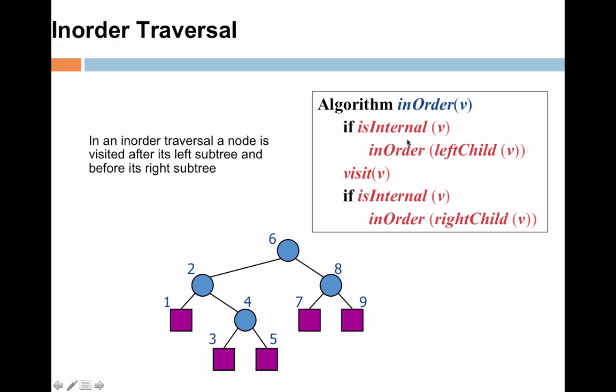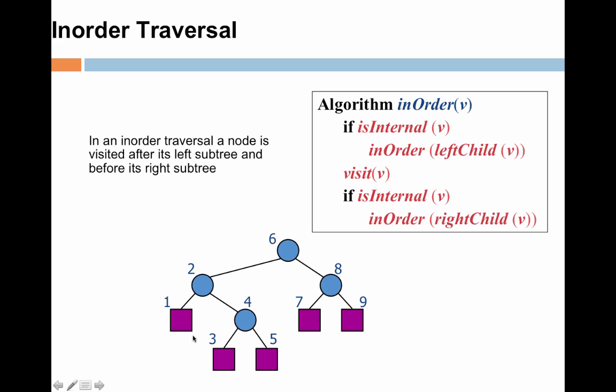That's exactly what it says. If the node is internal, then you do an in-order traversal of the left child of V, you visit V, and if it is internal, then you perform an in-order traversal of the right child of V. I think this "if is internal" is not required here, but it doesn't matter, the code is indeed correct.